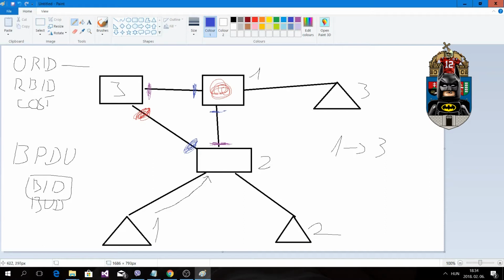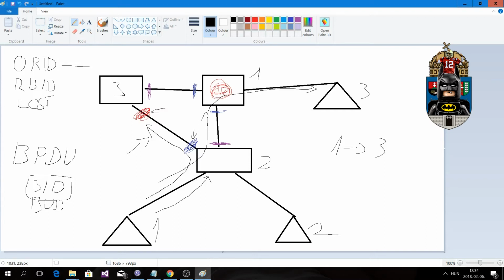So what's going to happen? I'm going to visualize it. If the traffic goes in this direction, then it will be passed here, but the traffic will be discarded here. So this will ensure that when the traffic goes in this direction, it will be discarded, therefore there will be only one logical path from source 1 to destination 3, therefore we made a loop-free network.